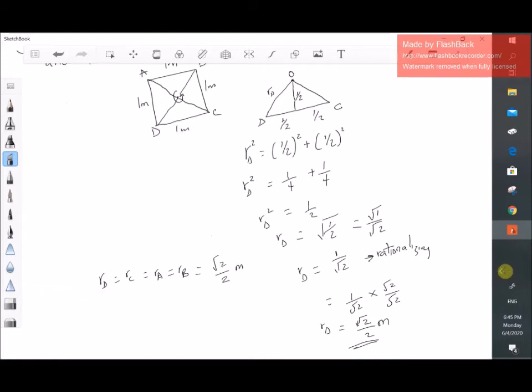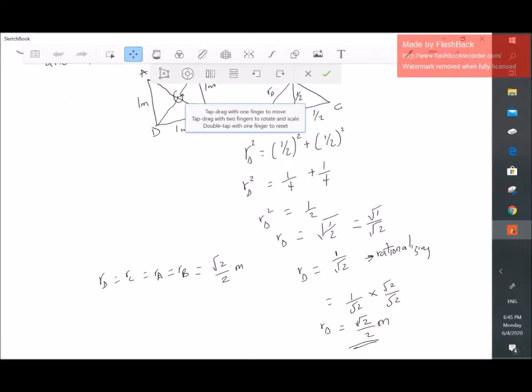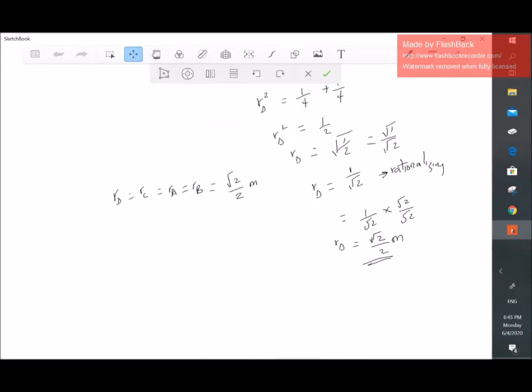The distance from D to the center, from C to the center, from A to the center, and from B to the center is root 2 over 2. Now we can solve the question.